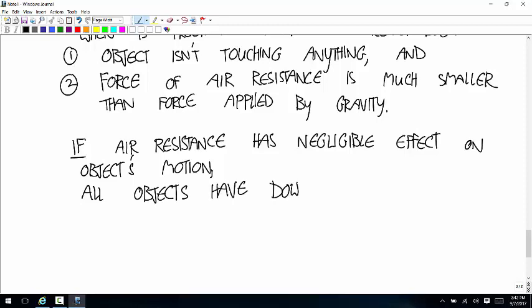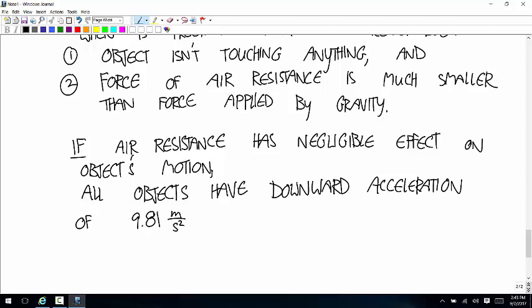All objects have a downward acceleration of 9.81 meters per second squared. This is on Earth.